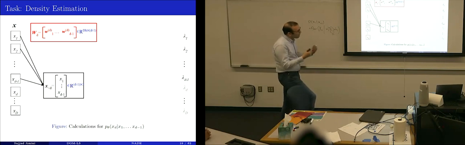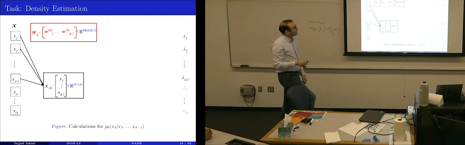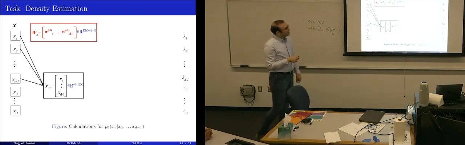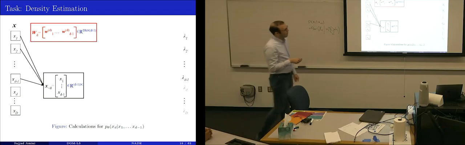So what I have to condition on is x1 through xd minus 1. Why? Because I am in step d, and in step d you can be conditioned on all previous steps. So I have a vector of dimension d minus 1 times 1 here. On the other hand, I have a matrix. This matrix should be such that it can be multiplied with this element.